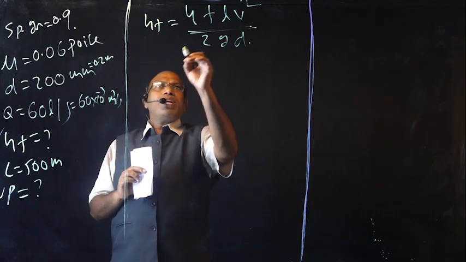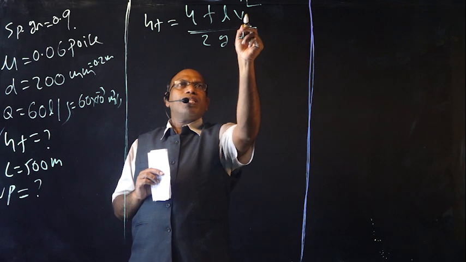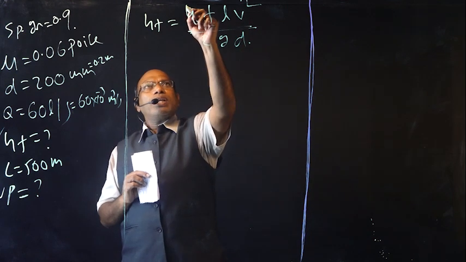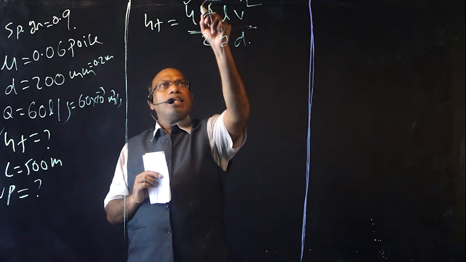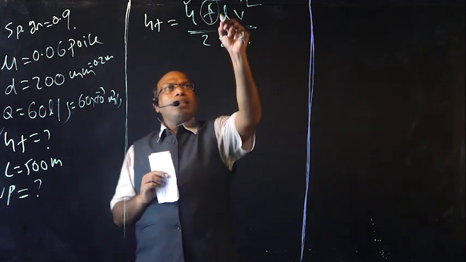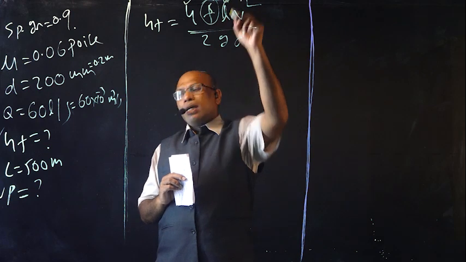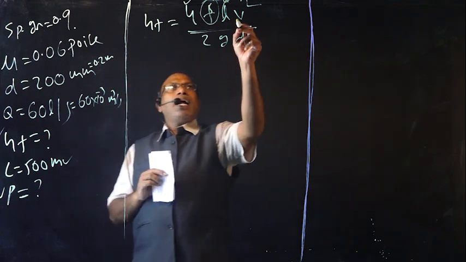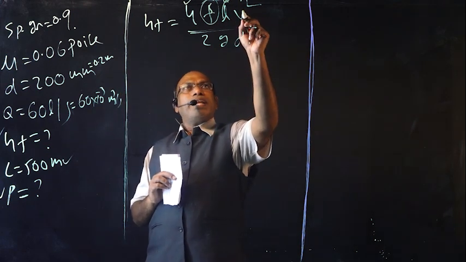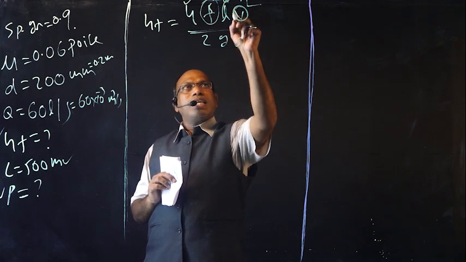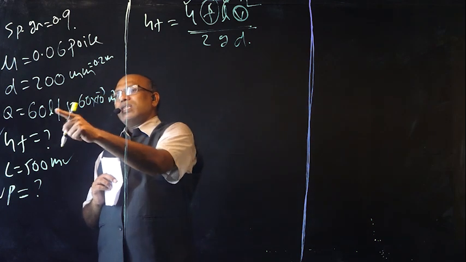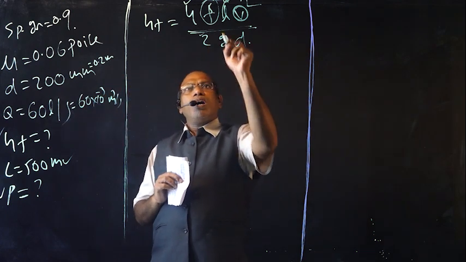Right, HF is equal to 4FL V square by 2GD. Here 4 is known to us. Right, F is not given in this problem. Length of the pipe is given in the problem. And velocity is not given, but we are going to determine the velocity by using the discharge. Discharge is given in this problem. 2 is okay, no problem.